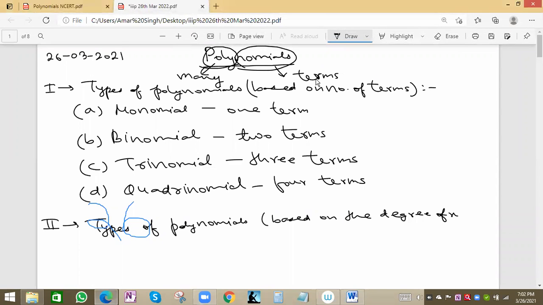What are those? First type we can say linear polynomial. Linear, degree 1, means power of x will be 1.